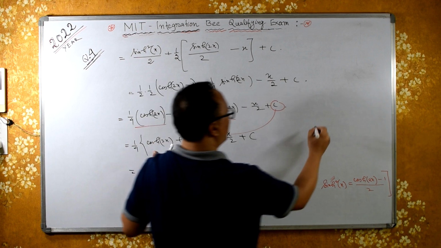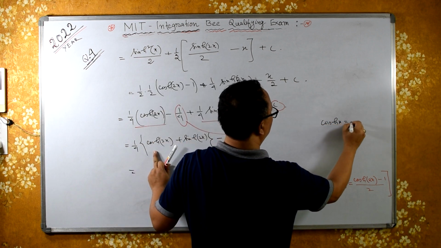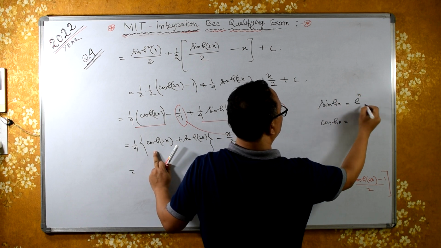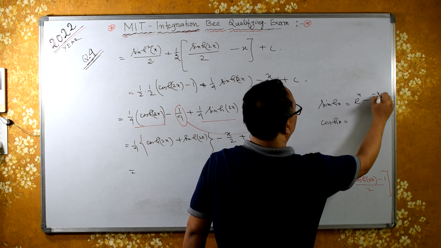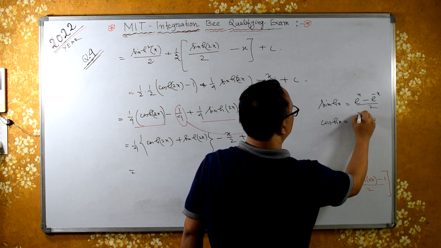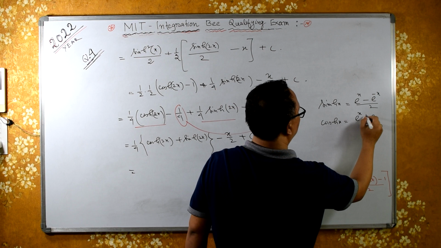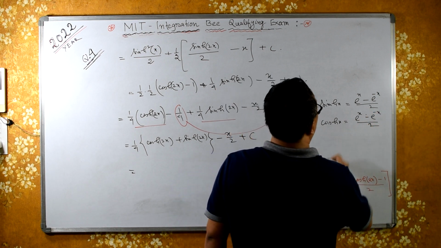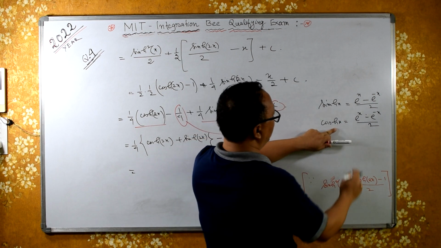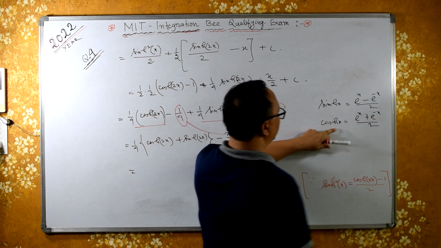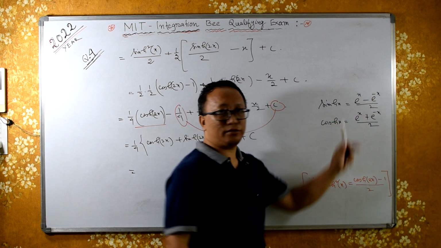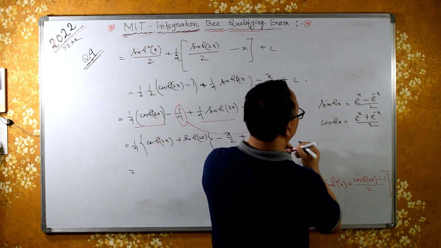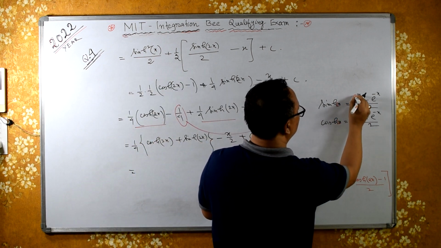Remember, cosh x is (e^x plus e^(-x)) upon 2, and sinh x is (e^x minus e^(-x)) upon 2. Now we have cosh 2x, so if it is twice x, 2 will come over here.